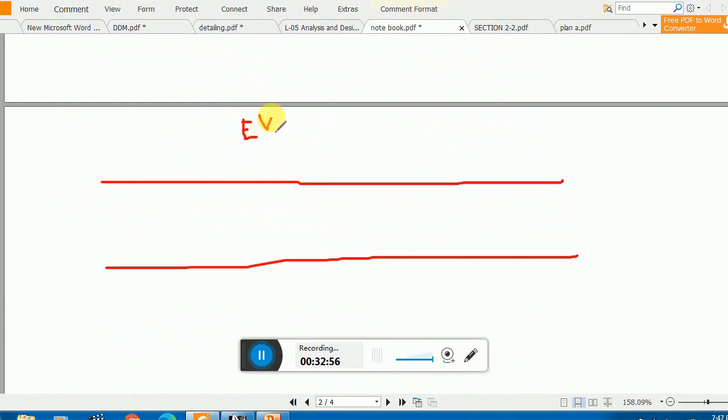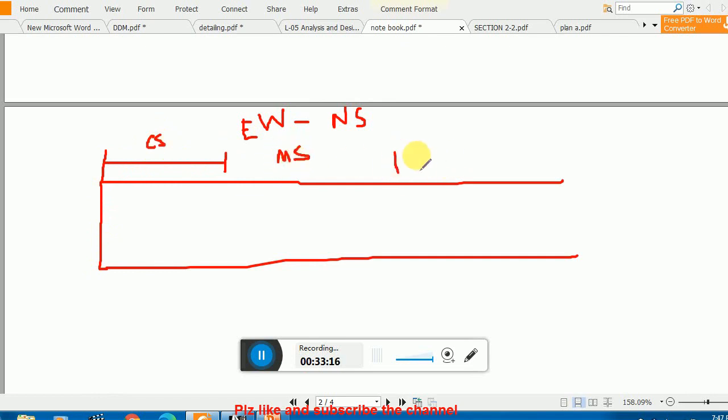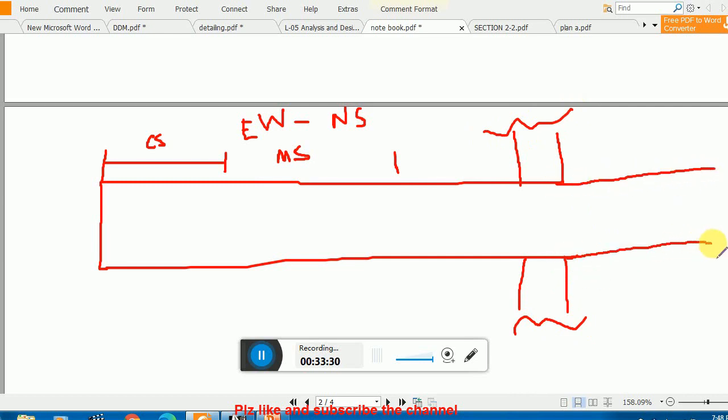The first bar, remember, let's say this is the edge of the slab, and this is my column strip, and this is my middle strip. And again I have a column here, which is continued, and again I have a slab which is continued. This is my column strip width for my interior frame.